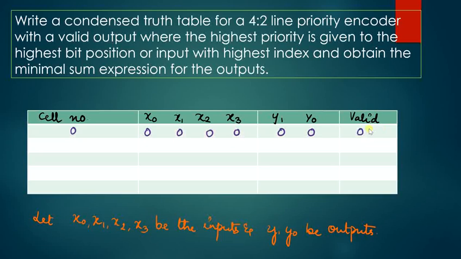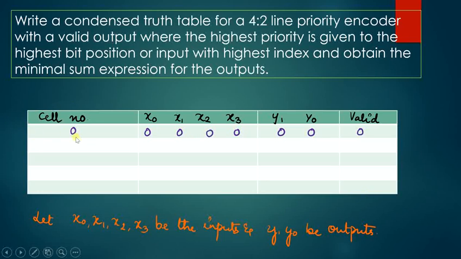The first thing I need to consider, whenever I have 4 inputs, is the case when all the inputs are 0. When all inputs are 0, we have clearly seen in the priority encoder that outputs will also be 0, but that is not a valid case for us because we need any one of the bits to be logic 1 for the output to be valid.